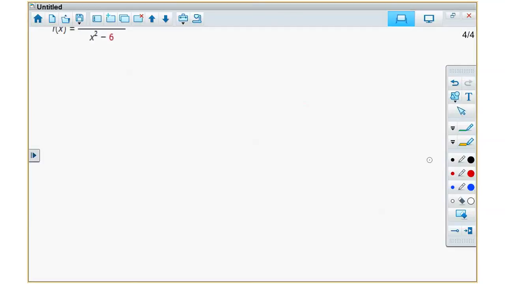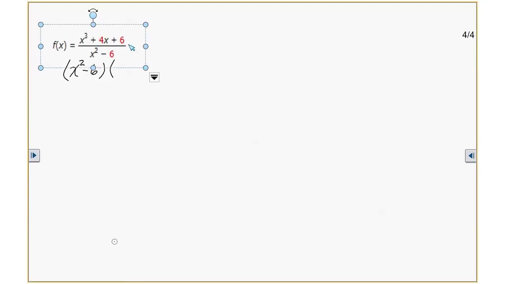I had it up here. The denominator times the numerator prime, and I don't know the numerator because it's stupid. Hold on a second. I'll bring it down. There we go.